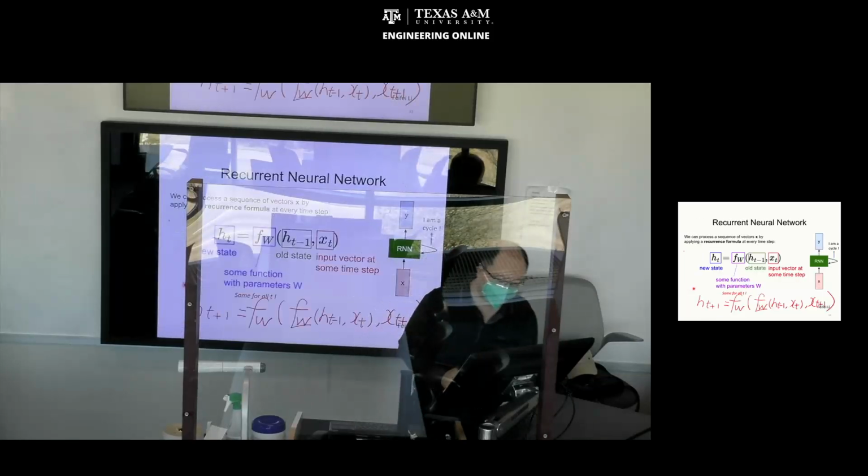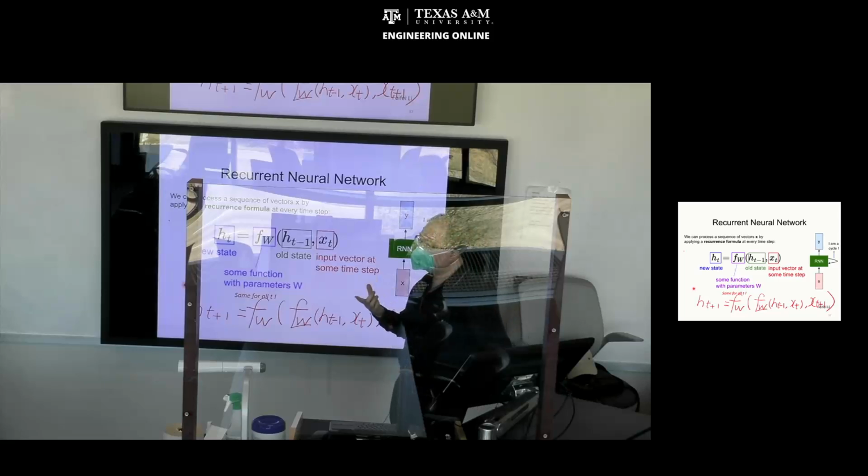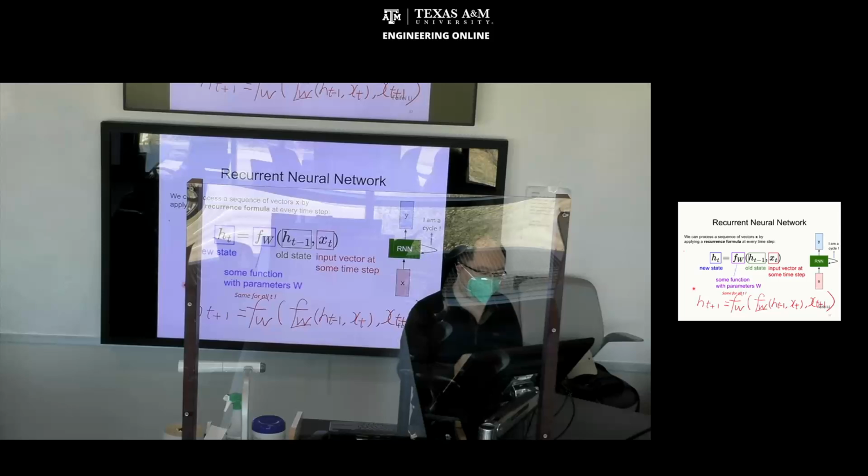So if in the convolutional neural network we use the same small convolutional kernel over the 2D, 3D spatial grids, here we have a sequence, so there's a concept of time, and we are using the same formula recurrently over time.